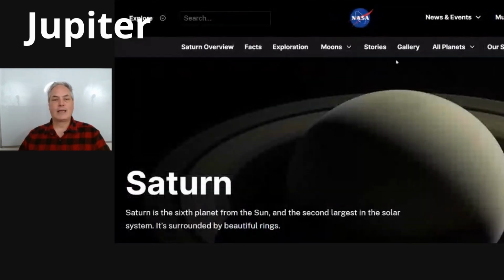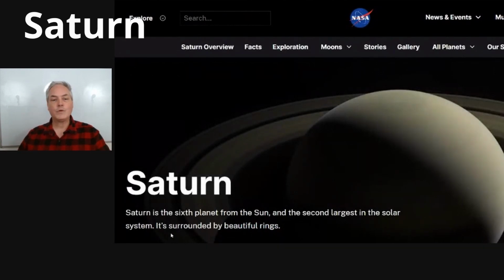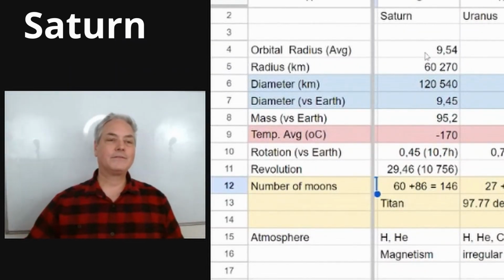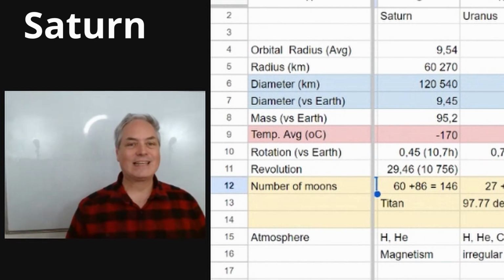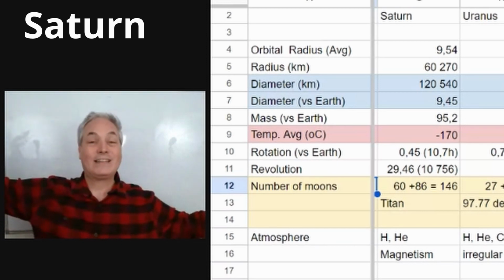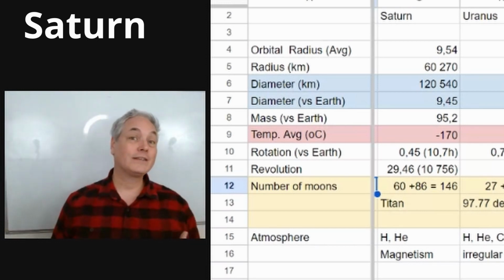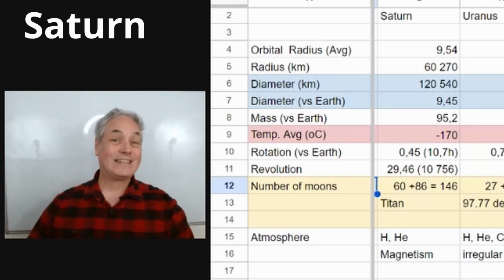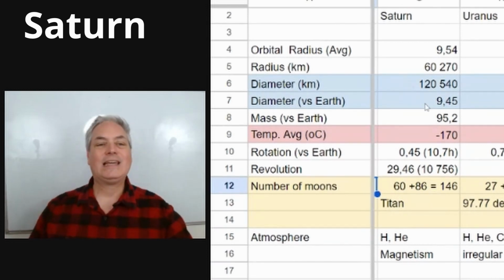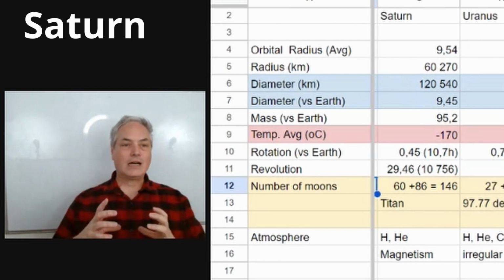With respect to Saturn, when you think of Saturn, we know that it has its rings and we recognize it very easily. But what are the stats about it? For Saturn, the orbital radius is 9.5 astronomical units. So it's almost 10 times as far from the sun as Earth. With respect to its diameter of about 120,000 kilometers, it's 9.5 times the size of Earth.